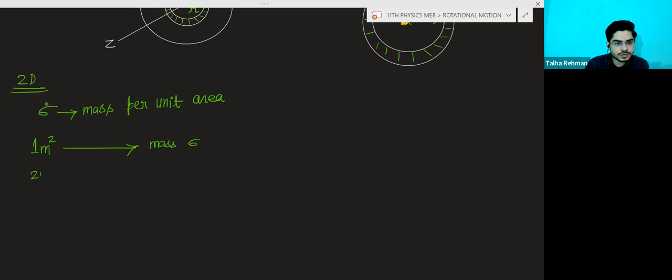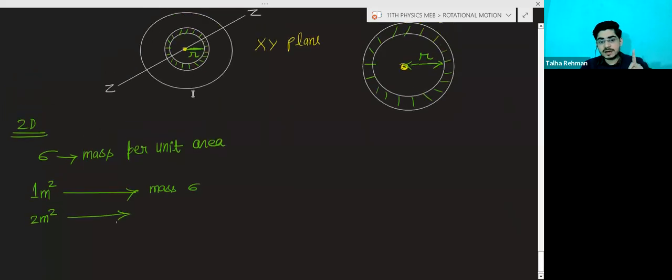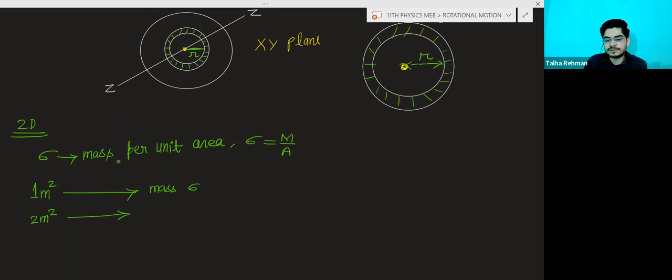Sigma is the mass per unit area of the disk, and remember this is a constant value.